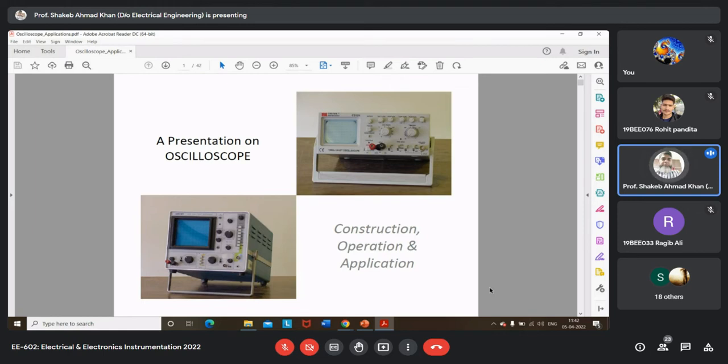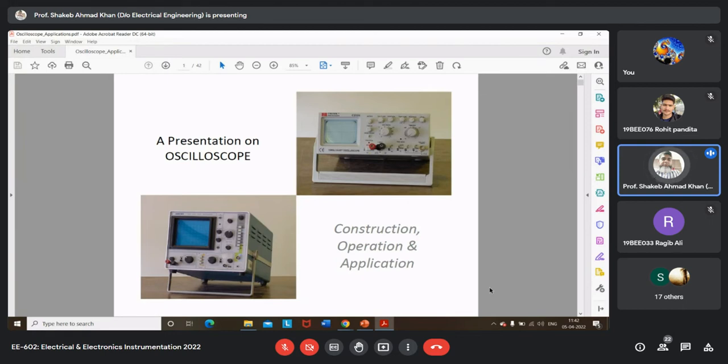Even a DC signal we can display on the oscilloscope. It is not that you cannot display a DC signal. You can display it also, but mostly DC signal display has no meaning. You will only see how much voltage is there.